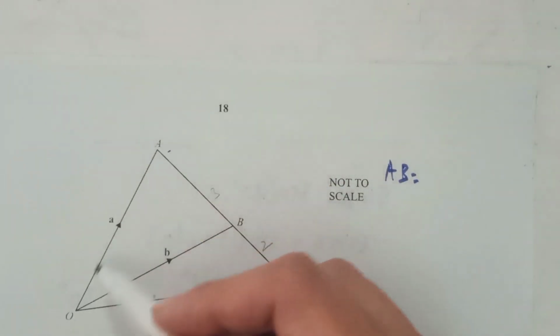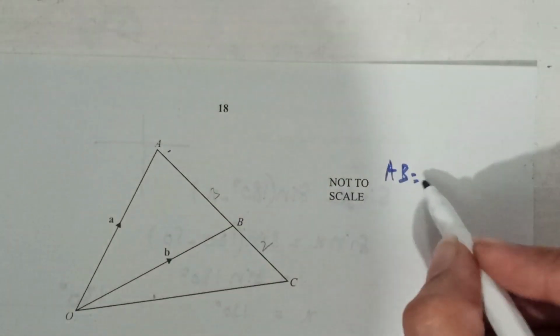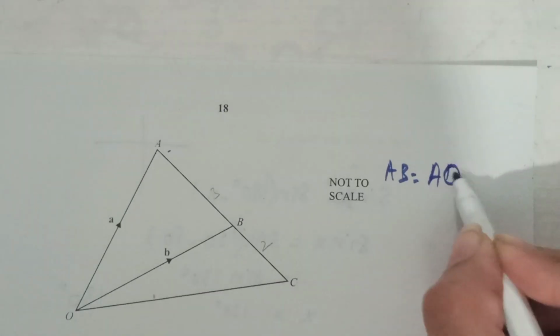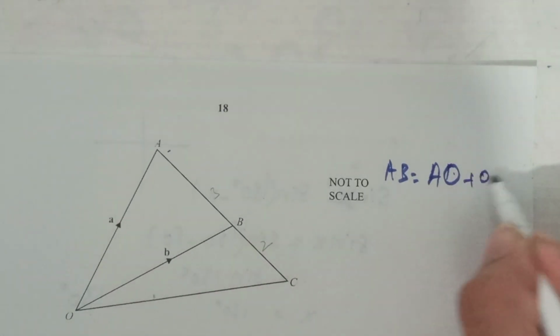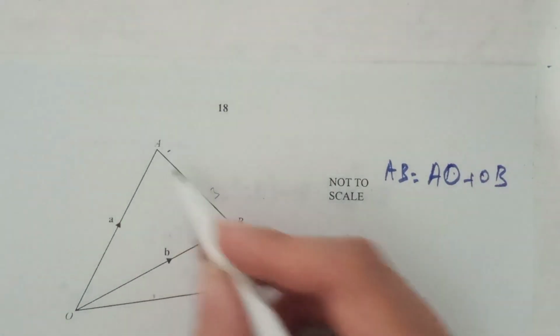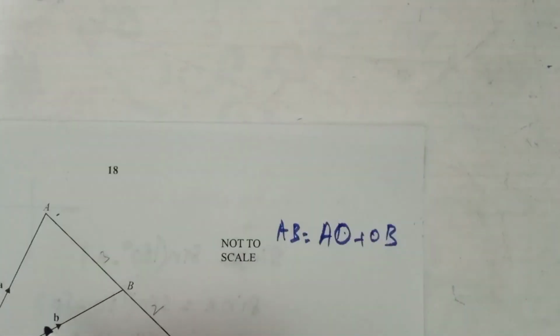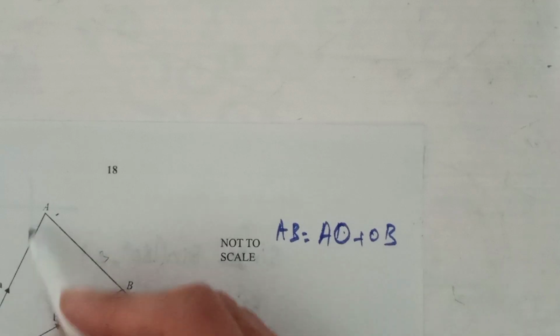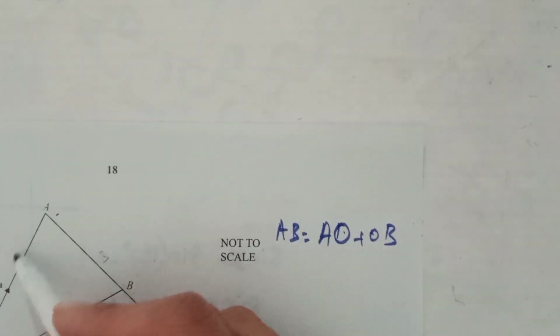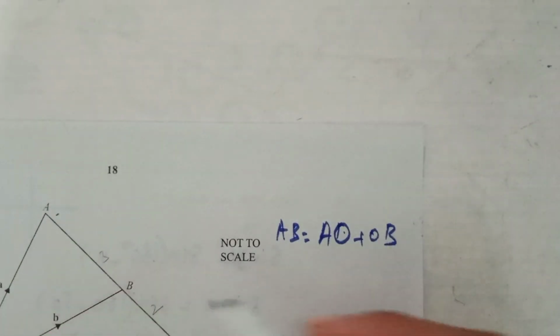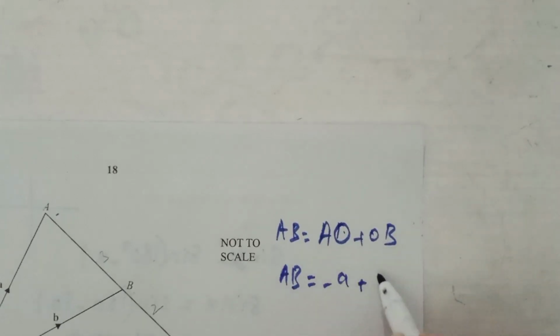AB is equal to AO plus OB. AO is in the reverse direction, so the sign becomes minus a, and OB is plus b.